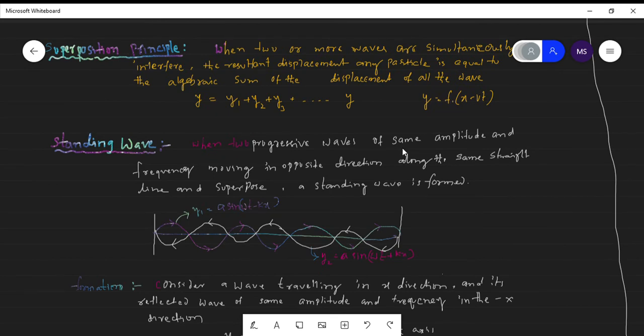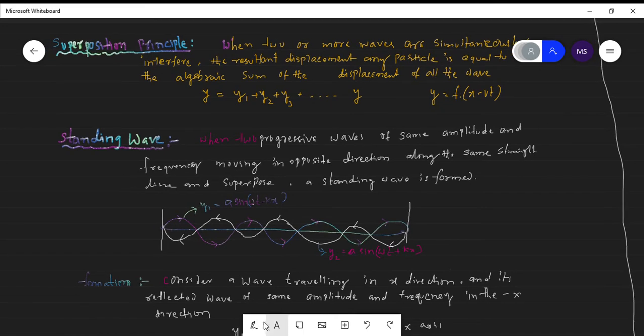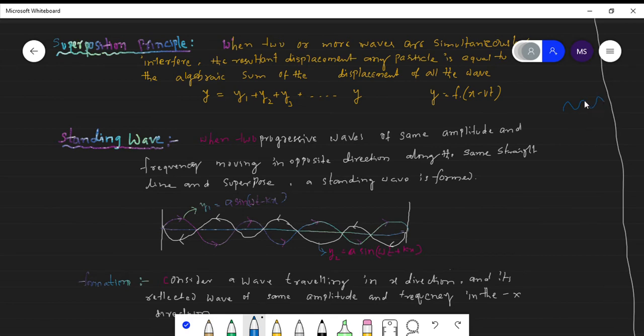Superposition principle. When two or more waves are interfering simultaneously, the resultant displacement of any particle is equal to the algebraic sum of the displacements of all the waves. For example, this is one wave, and the displacement of the wave is y1.